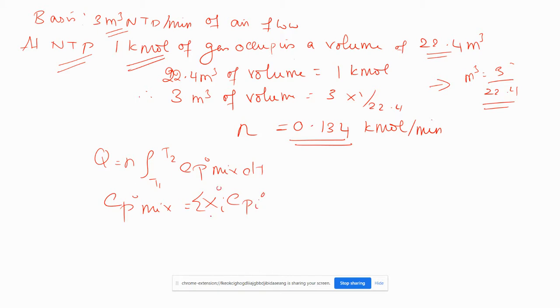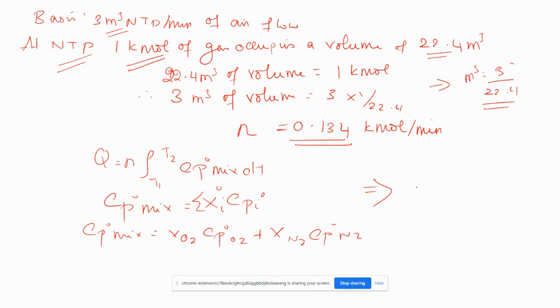So Cp naught mix will be X O2 Cp naught O2 plus X N2 Cp naught N2. Find that and you will get the Cp naught mix. You people know this, so I am just giving the final answer.